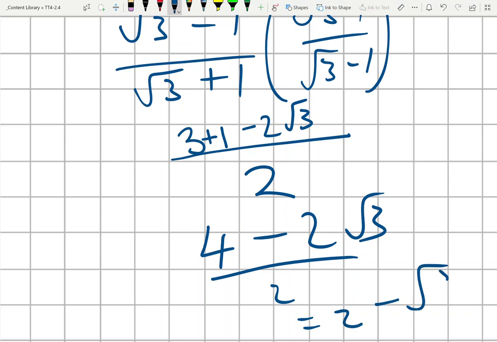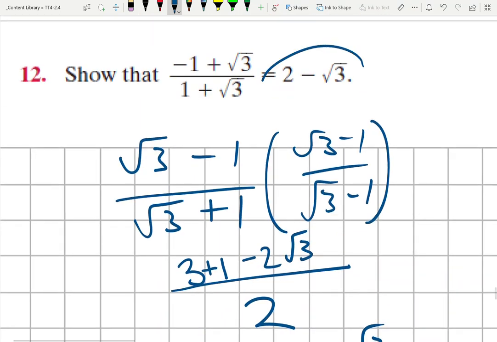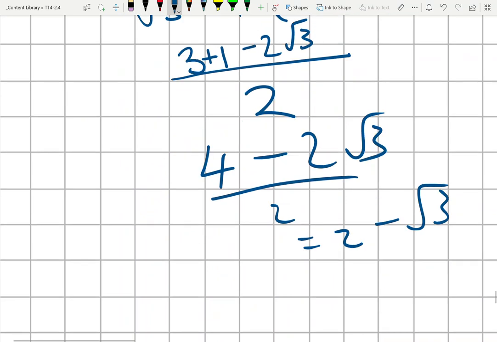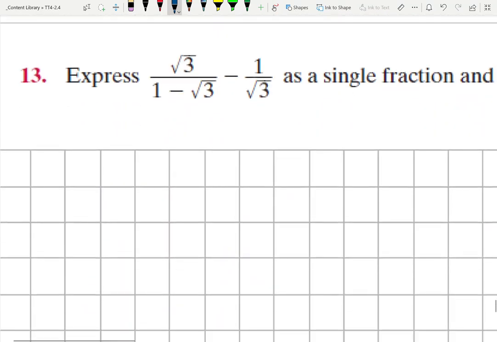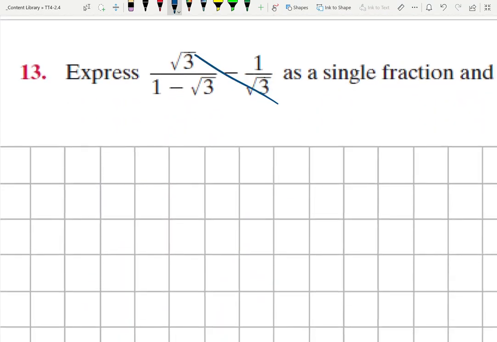Okay, 3 take 1 is 2. It won't go any further. And simplify by rationalizing the denominator. Well, it will go further.